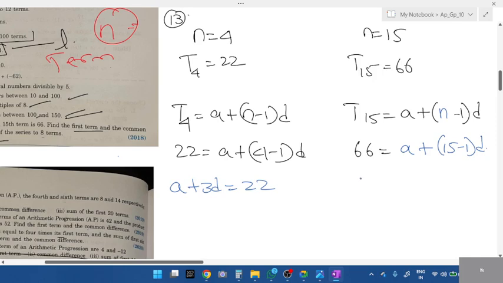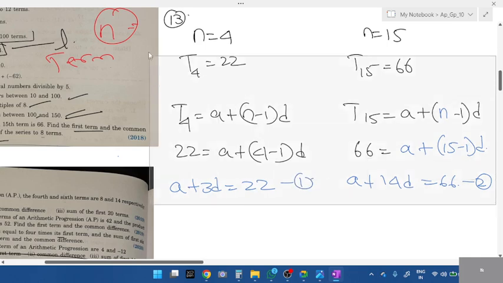Use the elimination method, all of you. Use elimination, find the value of A and D, students.